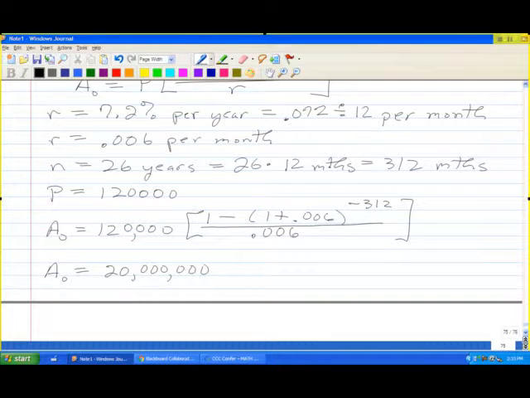Three more zeros. Okay, yeah. 20 million. Then 1 minus 1.006 to the negative 312.